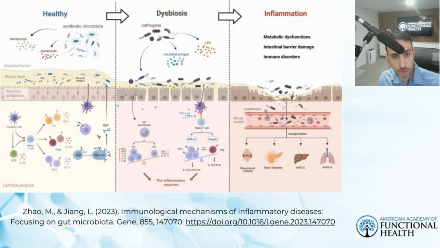Now we have production of inflammatory cytokines, interleukin-6, interleukin-1 beta, all that stuff that you can see in the picture. We're starting to shift our body to completely pro-inflammatory status.